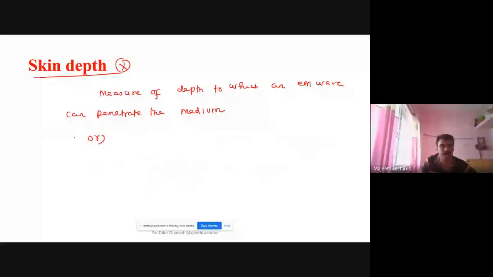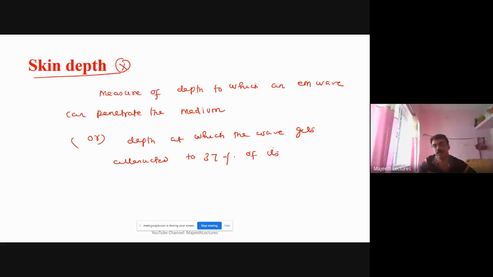So how much an EM wave penetrates through the medium is given by skin depth, or it is defined as the depth at which the wave gets attenuated to 37% of its original value. Right? So this is skin depth, that is given by delta.